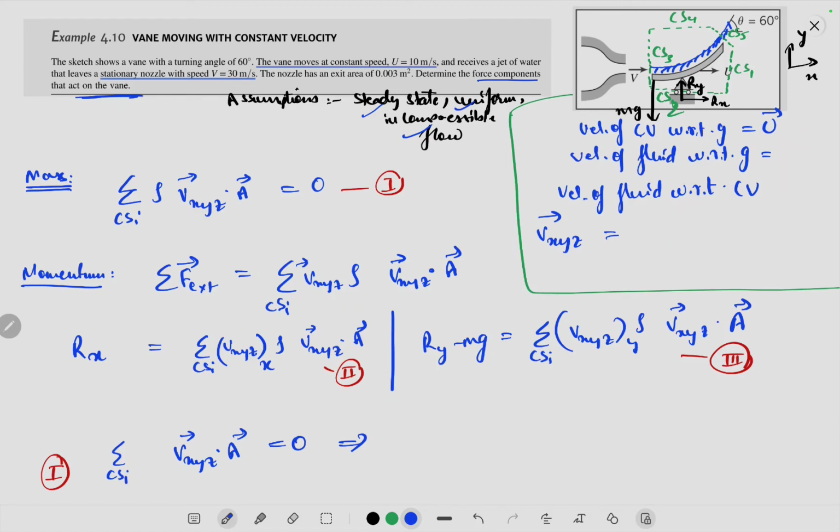So let's assume that the velocity at this surface is V1.